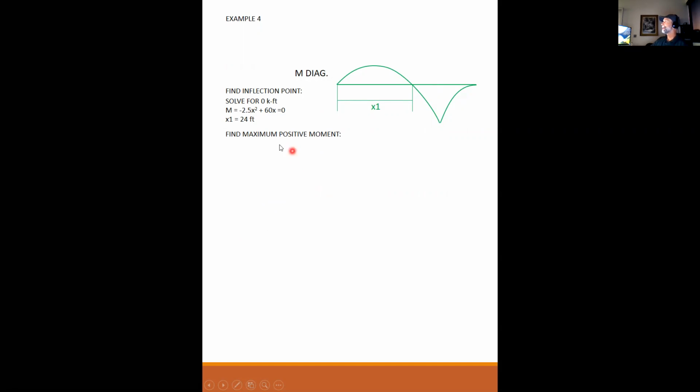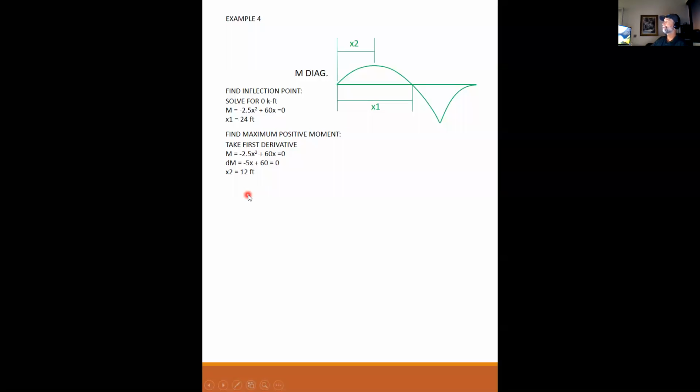So we can find the maximum positive moment by, first, we could take the first derivative and find x. Again, between 0 and 30 feet, the moment is described by this equation. So I can take the first derivative of this equation, which is minus 5x plus 60, set that equal to 0, and I get 12 feet, which is exactly the same result we just got by finding the inflection point of the shear.